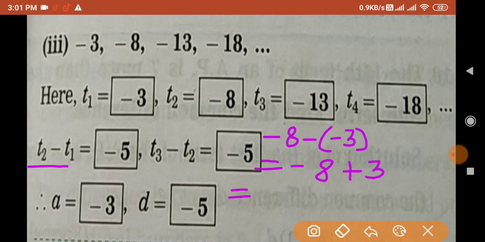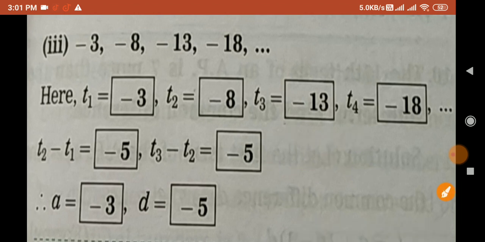Now see the sign, minus plus. That means the answer bears the sign minus. Minus plus becomes minus, and here the process of subtraction is done. 8 minus 3 is equal to 5. That means here we get minus 8 plus 3 is equal to minus 5.